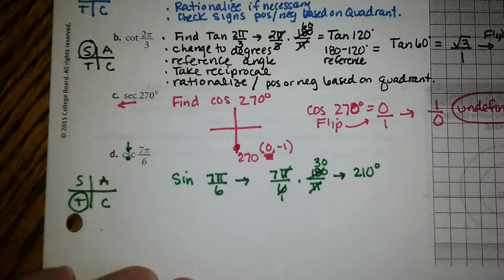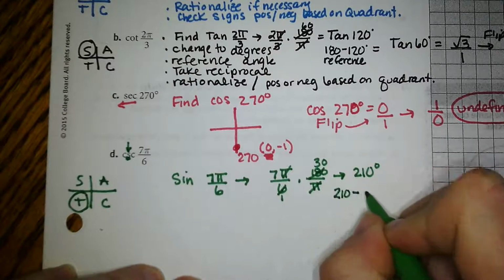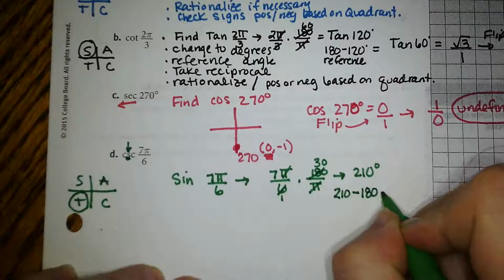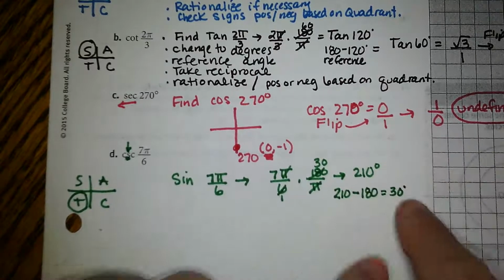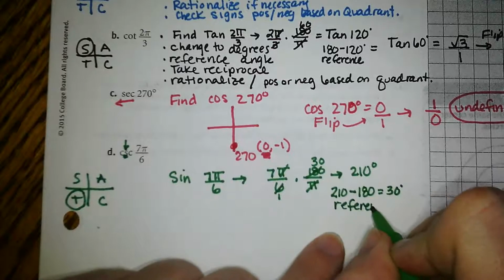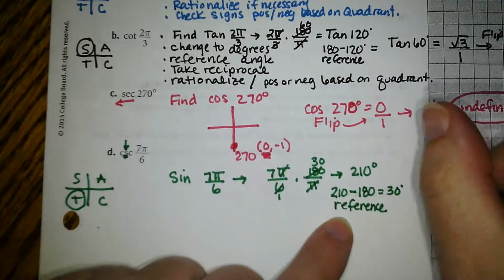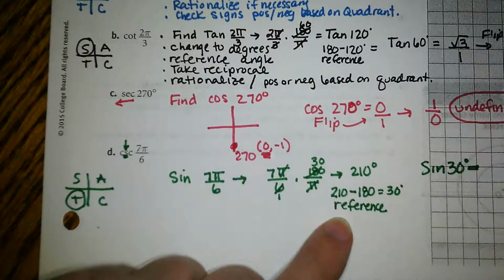So our rule for quadrant 3 is 210 minus 180. And 210 minus 180 is 30 degrees. That's going to be our reference. So we want sine of 30.